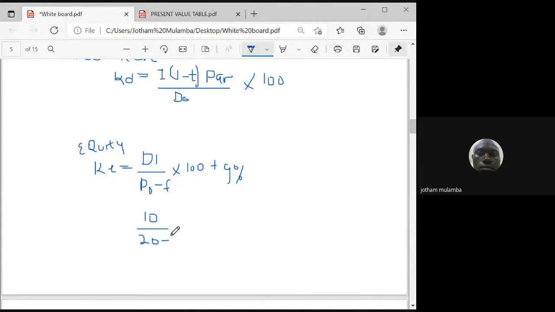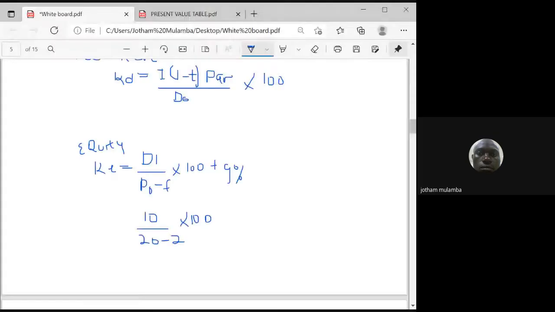Flotation cost is 2 per share, so minus 2, times 100. Then plus g. For this question, we have not been given information about growth, so we don't have to include it. We leave it aside. So calculate that and give me the answer.